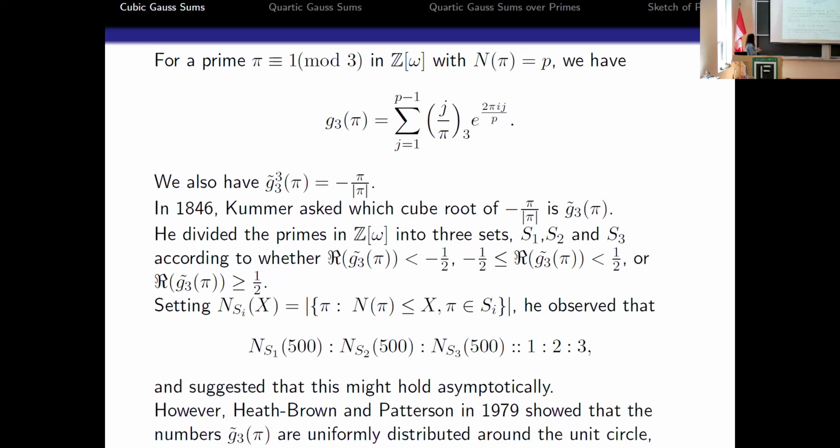And indeed, Heath-Brown and Patterson in 1979 disproved Kummer's conjecture, and they showed that the values of the normalized cubic Gauss sums, when evaluated at prime arguments, are in fact equidistributed around the unit circle.